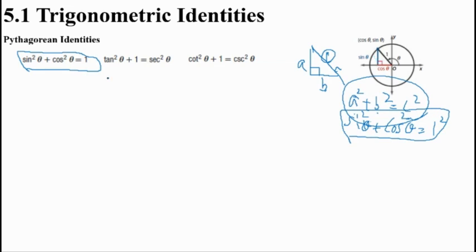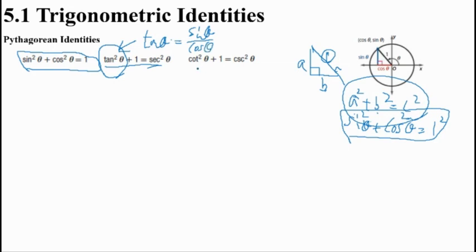Alright, how about tangent squared plus 1 equals secant squared? This one's simple, right? Because tangent theta equals sine theta over cosine theta.